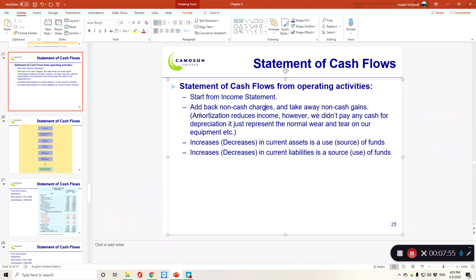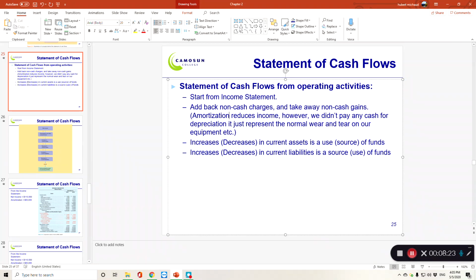So we charge the firm, the government allows us to lower our income by this amortization value, right? But it wasn't actually an expense. So we need to add it back because we didn't spend any money to incur this charge. So we basically add back all the non-cash charges, and we take away our non-cash gains.